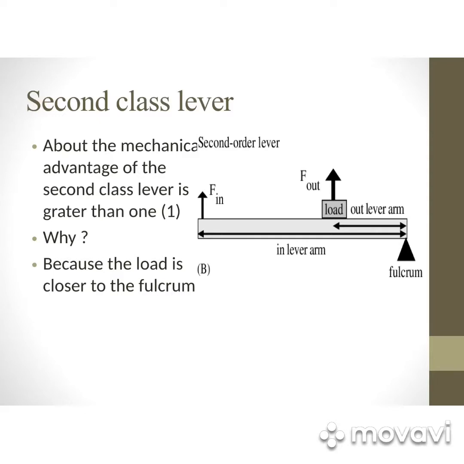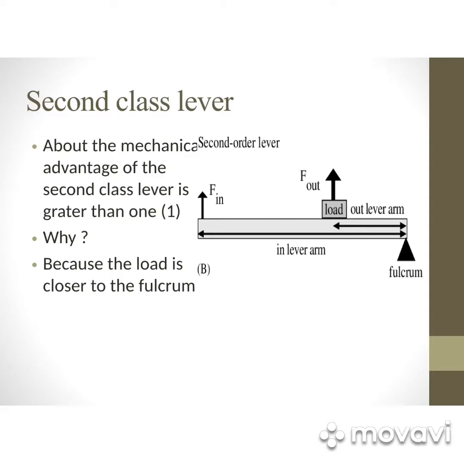You will have to remember another thing, which is that the distance between the load and the fulcrum is very short. As you can see in figure B, you can see the load.